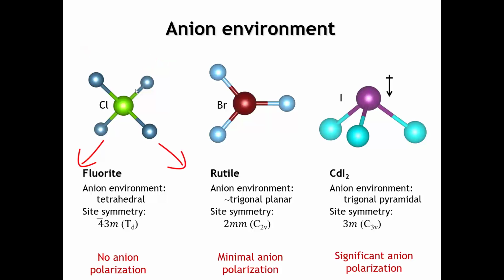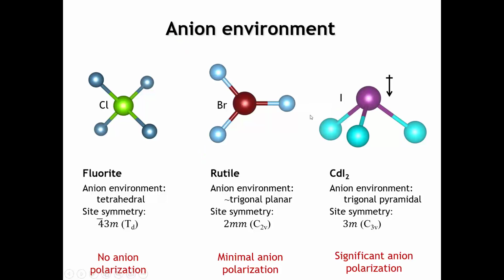And so we don't get any kind of a dipole at all for the chloride because of the symmetry of its environment. If we go to the rutile structure, now we have something that's close to, but not quite, trigonal planar. If it was perfect trigonal planar, the same thing would happen. This cation would be pulling the electron density in this way, this cation in this direction, this cation in that direction, and they would all cancel out.